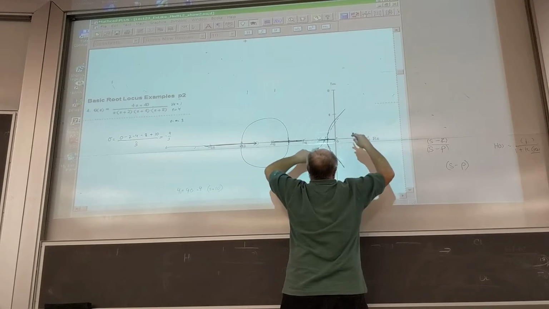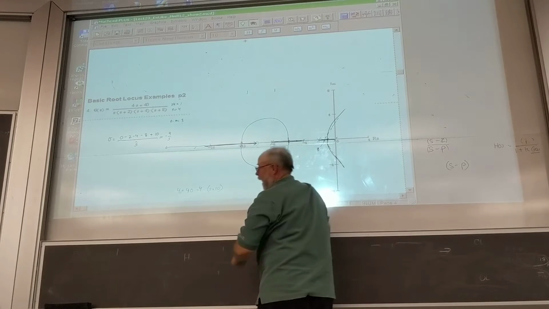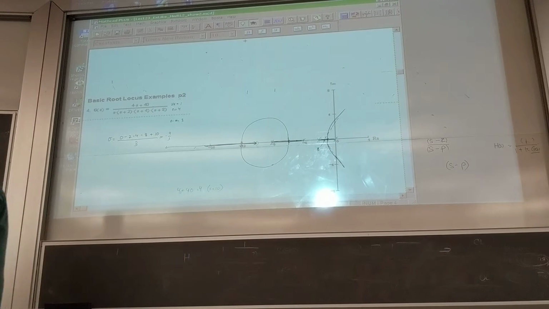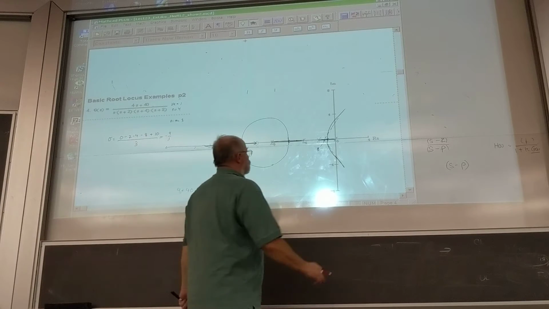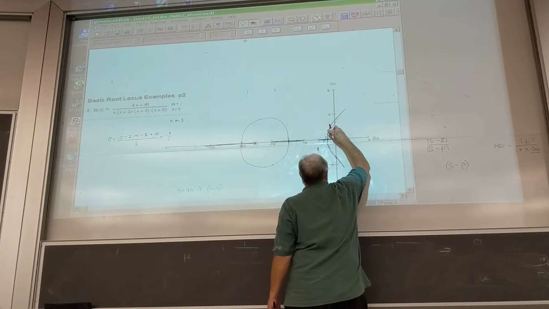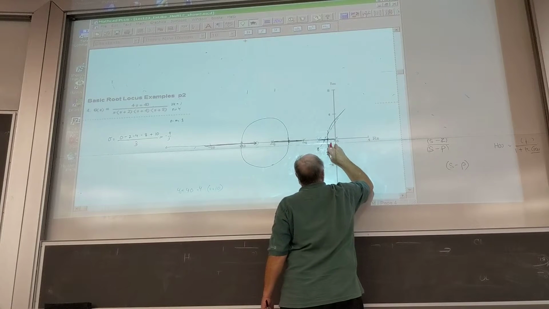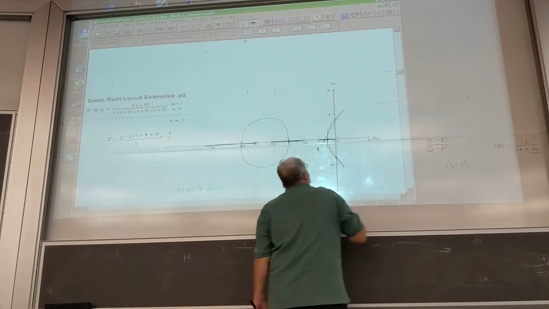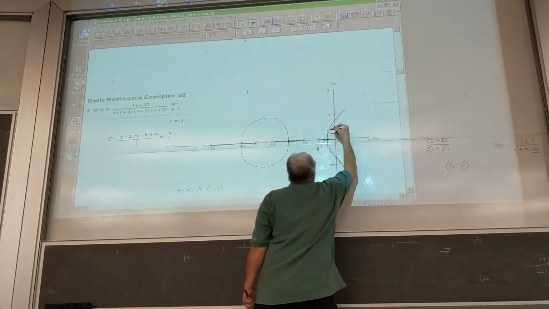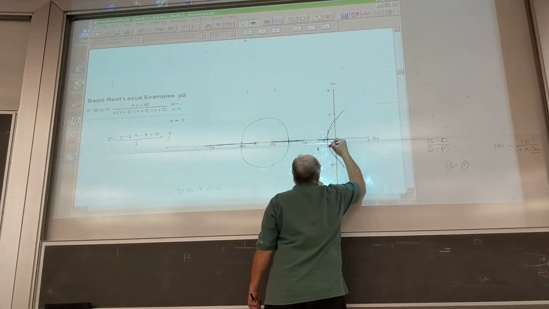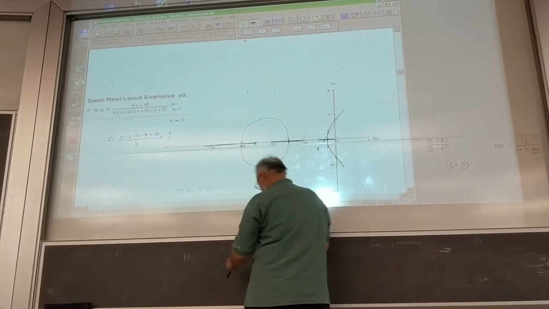So most likely I will set up my gain so that these two closed loop poles are about right where? There and there.